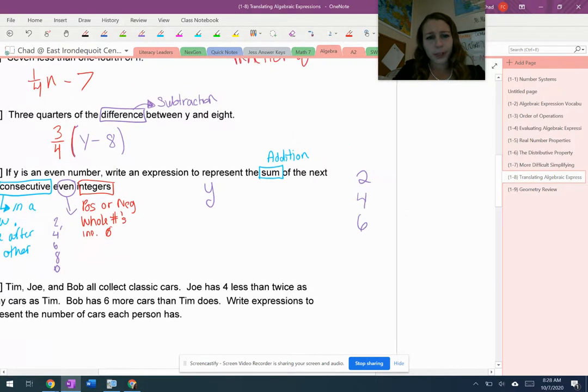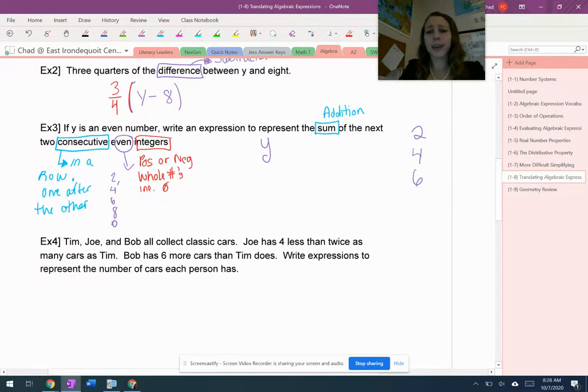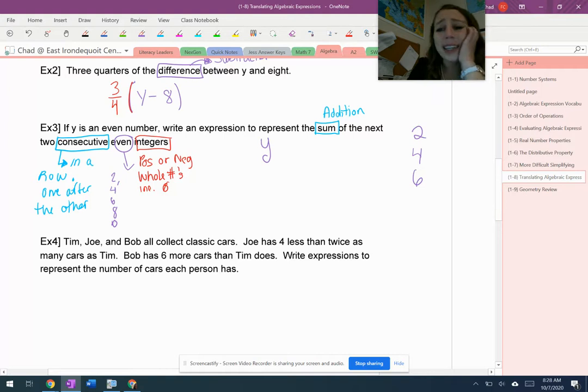So we need expressions, though. We want to use my variables. So if y is my first even number, if y is like my 2, what do I do to 2 to get to 4? What could I do to y to get to the next even integer? Well, from 2 to get to 4, I added 2.